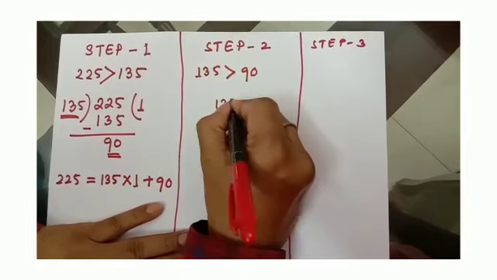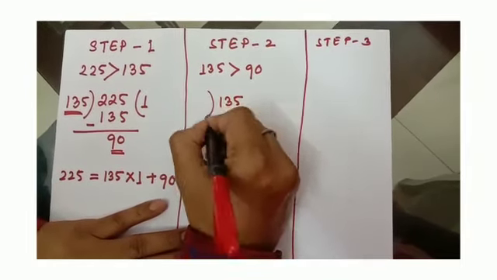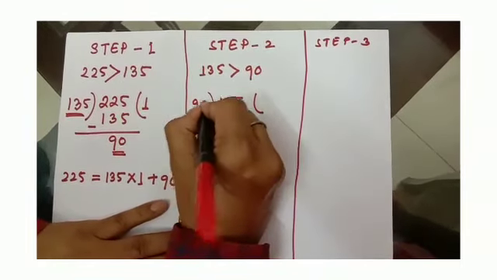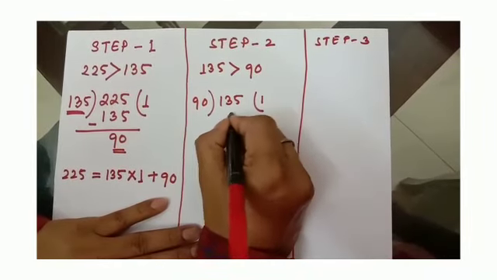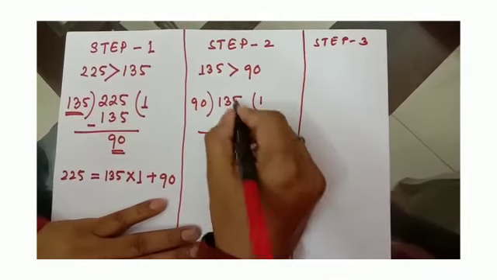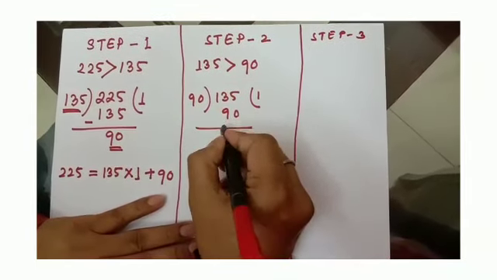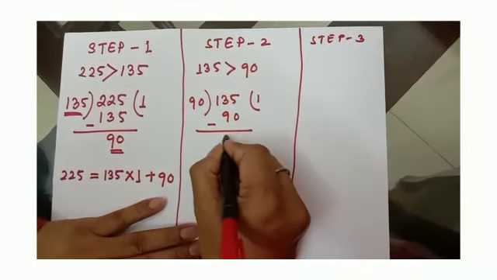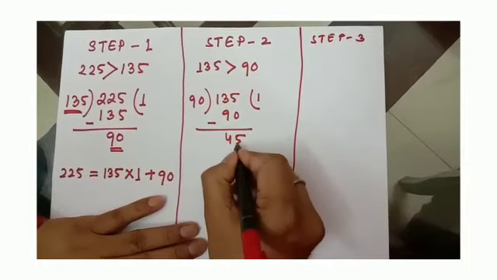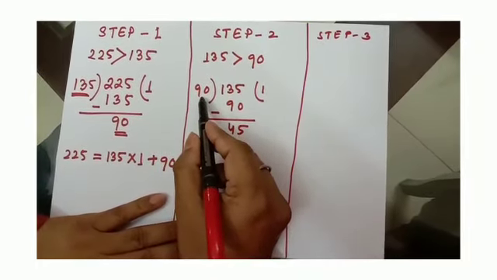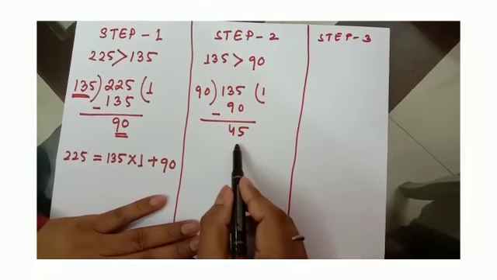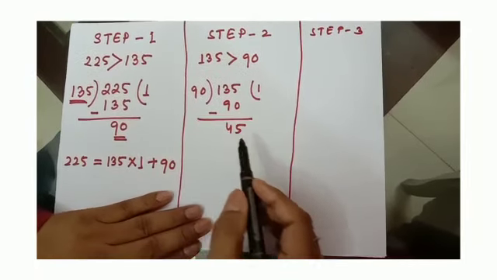So divide 135 by 90. Again you can see 90 ones are 90. Now subtract this. 135 minus 90 will be 45. So in this division 90 is the divisor, whereas 45 is the remainder.